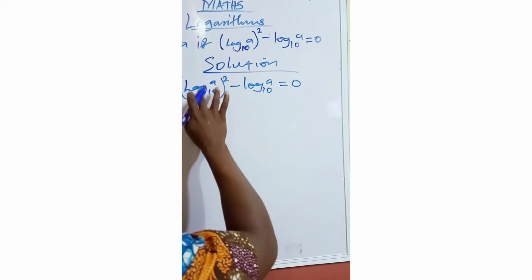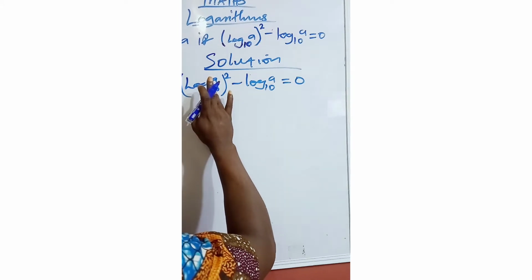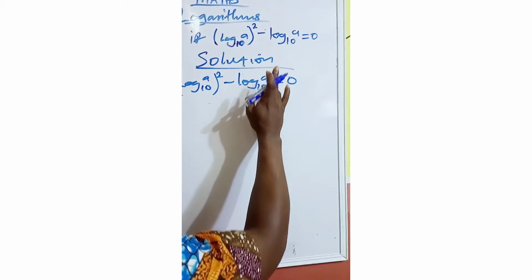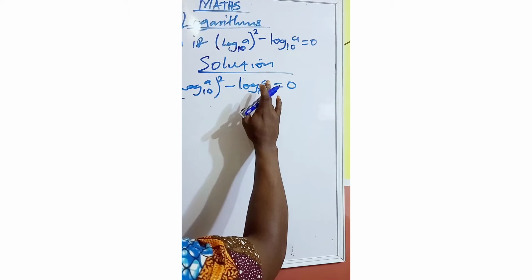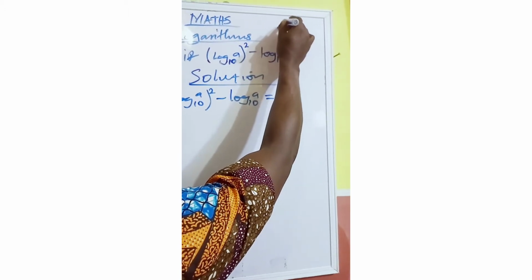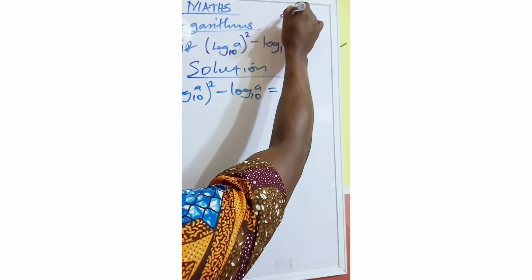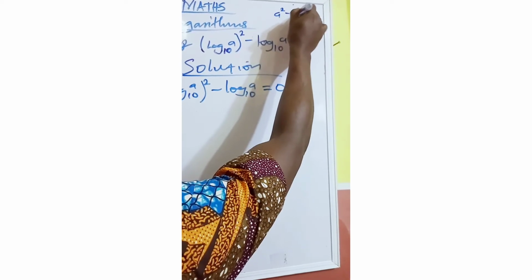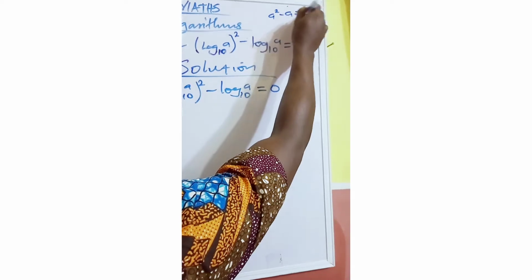To solve this question, it is very simple. If we look at this, we have log a base 10 here, and we also have log a base 10 here. This is the same thing as saying, when you have a squared minus a, that is equal to 0.